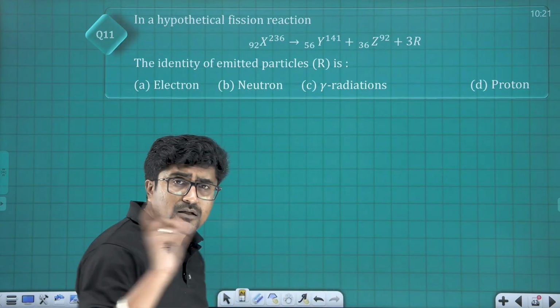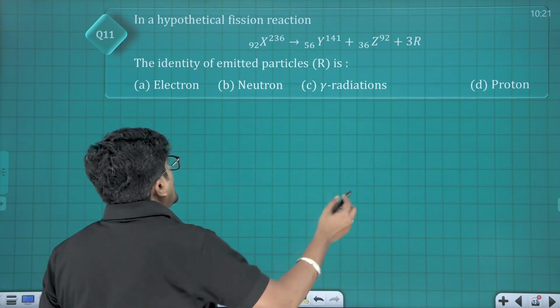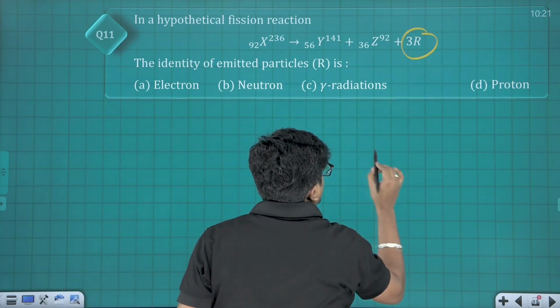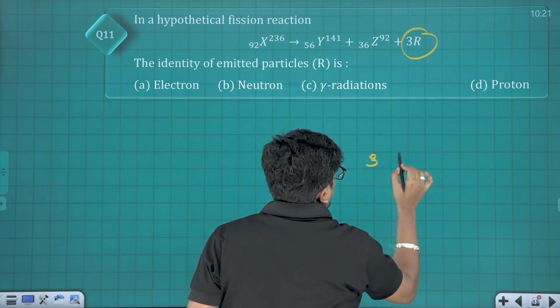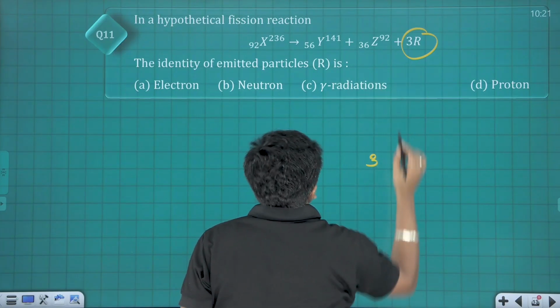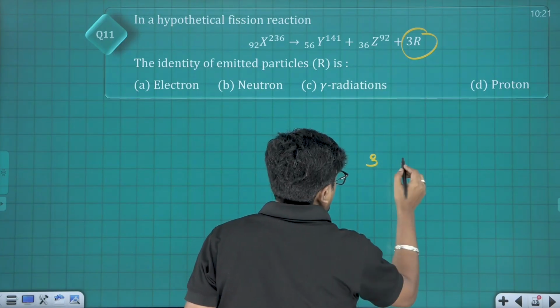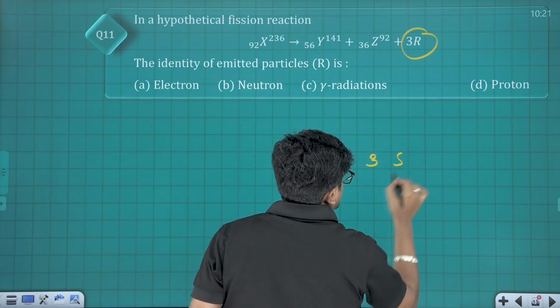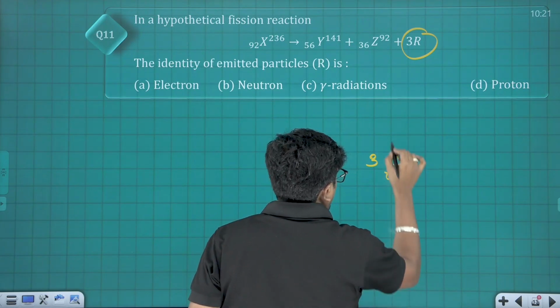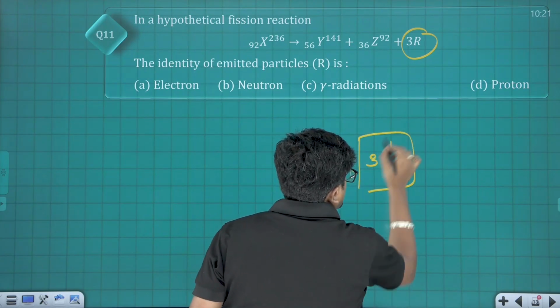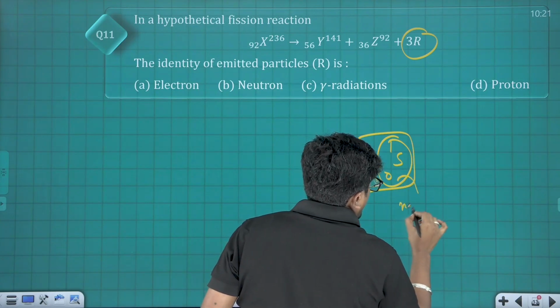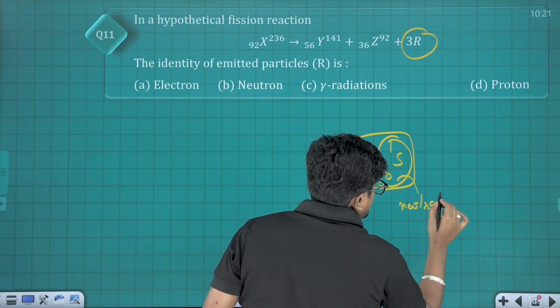Again, if you compare the mass number as well as atomic number, you are going to get this as 3 times S 0 1. So basically this needs to be a neutron.